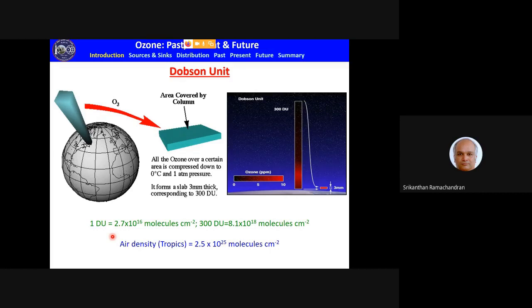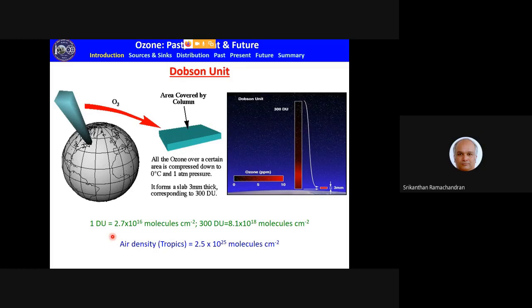And as you may be aware, it is a very common practice in science to name a unit, phenomenon or theory after the person who discovered it. And hence, in memory of Dobson, the ozone measurement which he first derived is named after him.